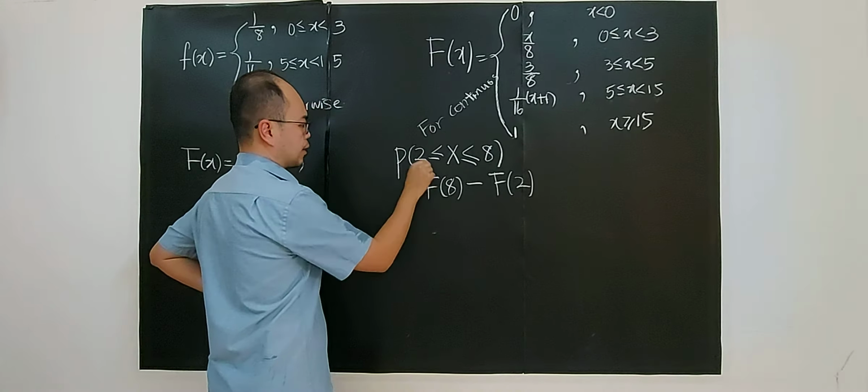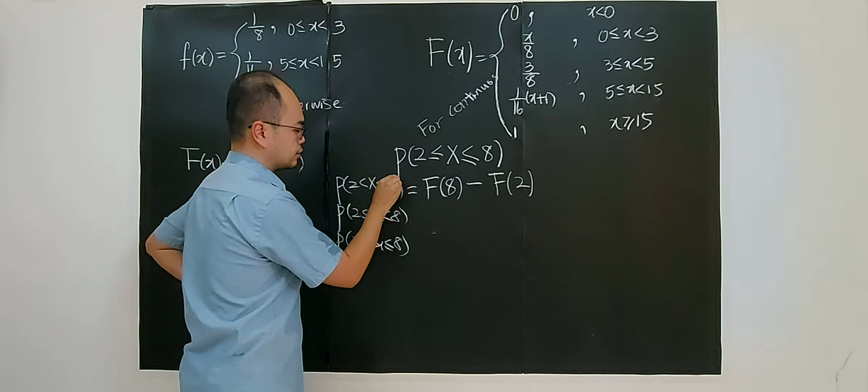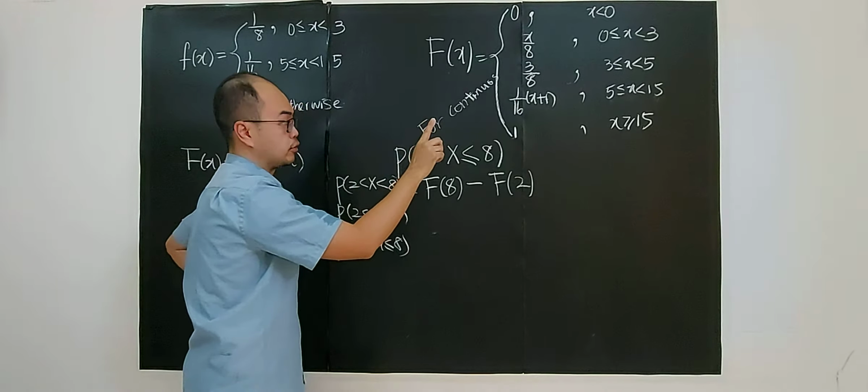It means X is between 2 and 8, in the form of 2 less than X less than 8, or 2 less than or equal to X less than or equal to 8. Either one, for a continuous random variable, it is different from a discrete random variable, so you take F(8) minus F(2).